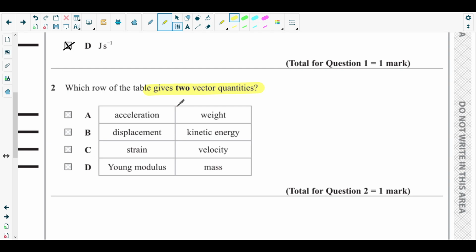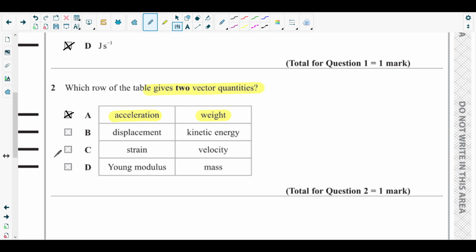The first option is A, acceleration. Acceleration is a vector quantity because it requires both magnitude and direction: positive acceleration, negative acceleration, which is deceleration. And then weight. Weight is also a vector quantity because weight is a type of force, and we know that force is a vector quantity. So option A is the answer.